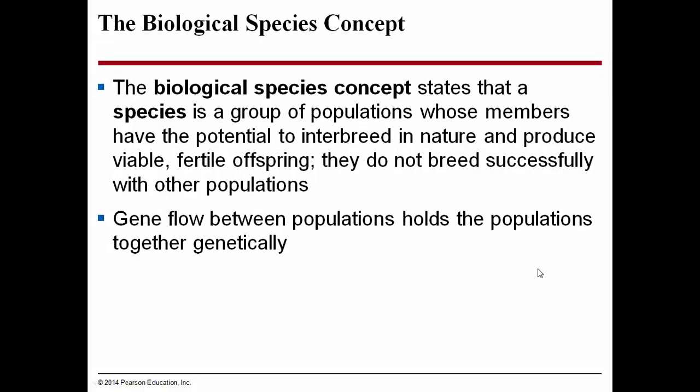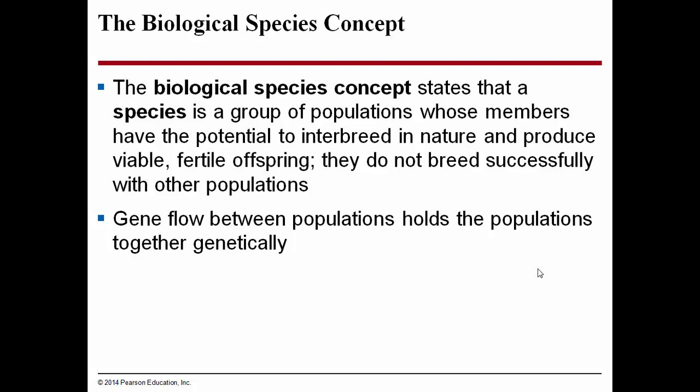The biological species concept states that a species is a group of populations whose members have the potential to interbreed in nature and produce viable, fertile offspring. They do not breed successfully with other populations.